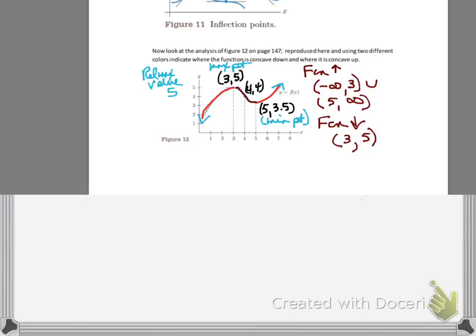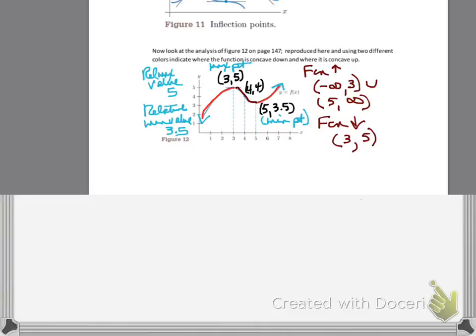So that's 5. It's a relative max value. What would be a relative min value? Again, when it's written like that, you're just going to tell me the y value. So a relative min value would be 3.5.